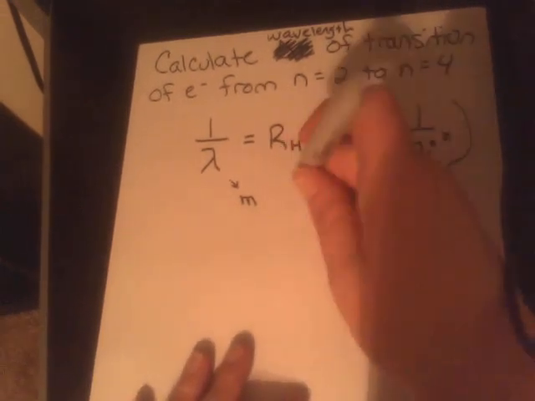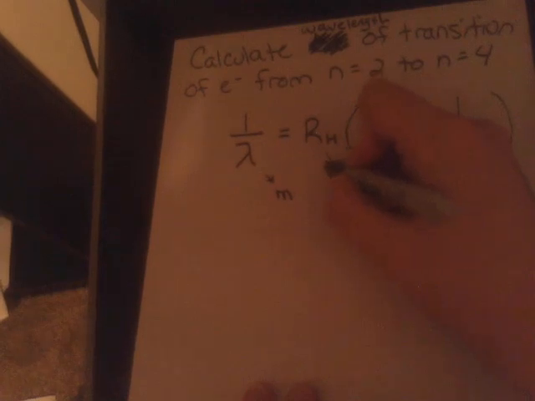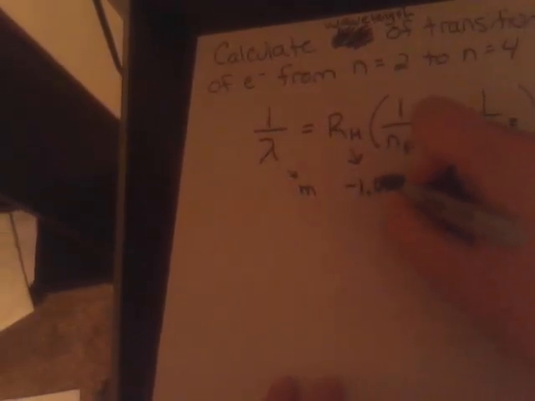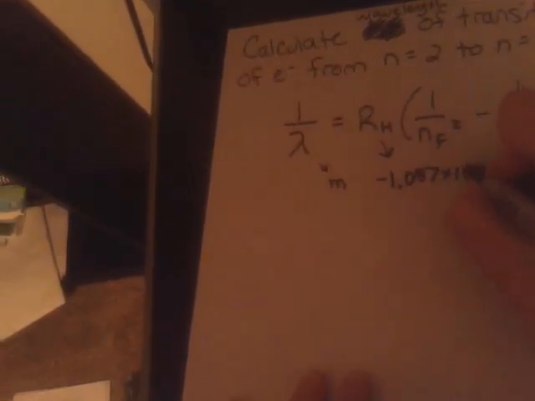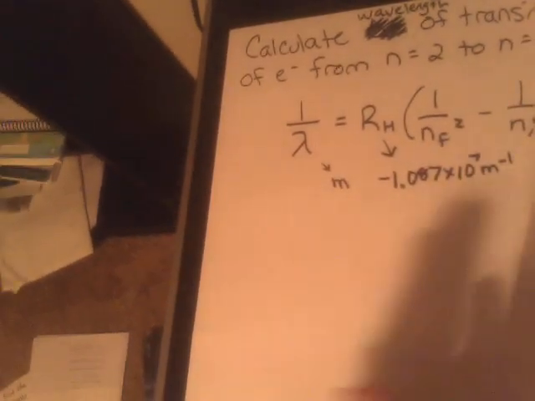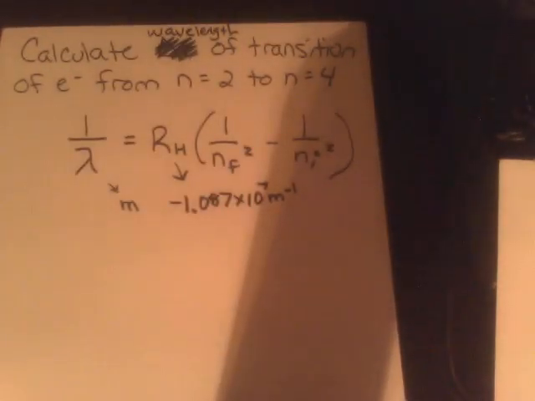And RH is the Rydberg constant, and this is negative 1.087 times 10 to the 7 per meter, right? And that does make sense because if we're solving for 1 over wavelength, we should have 1 over a meter on the right hand side.